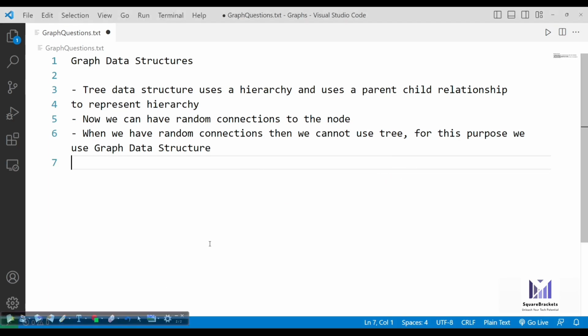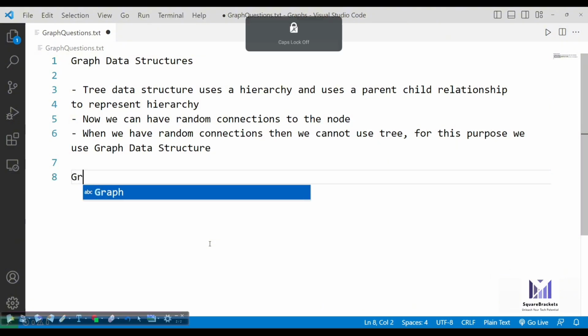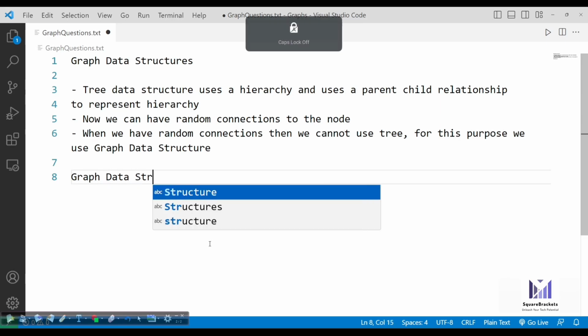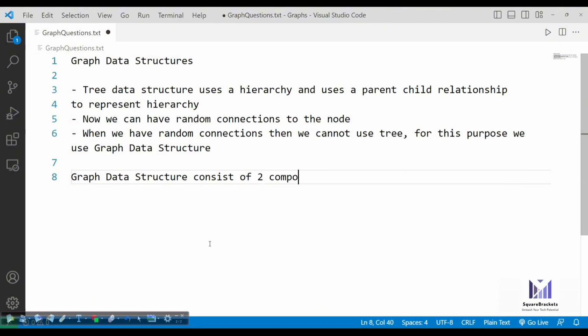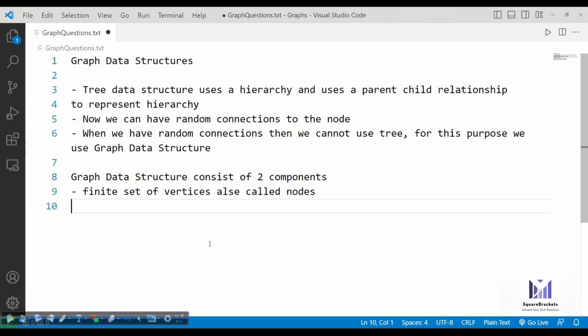When we talk about a graph data structure, it simply consists of two components. And what these two components are: one is a finite set of vertices, which is also known as nodes.